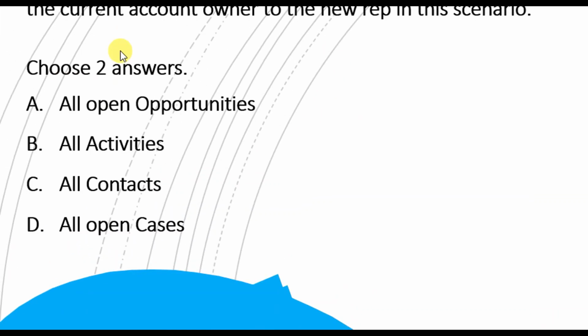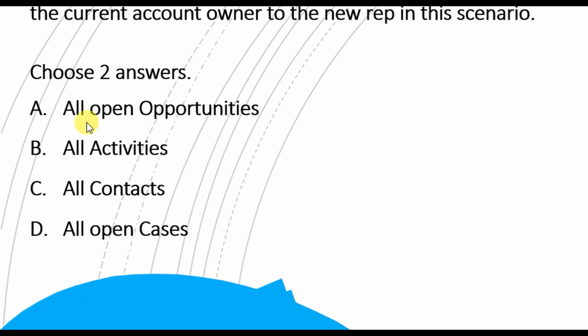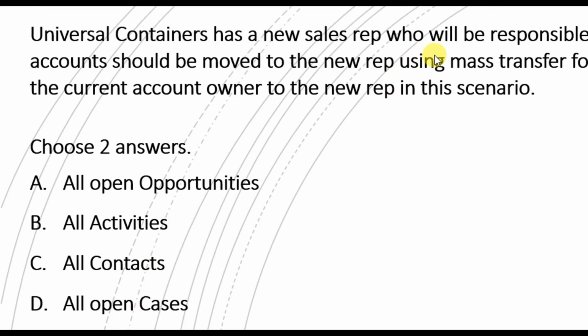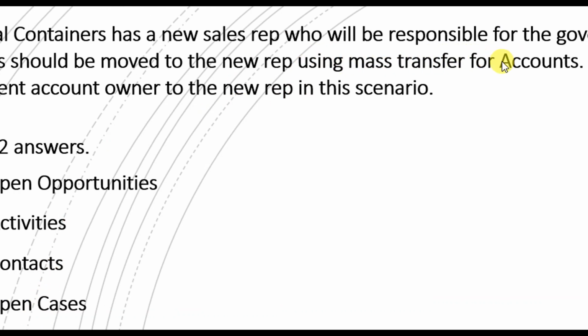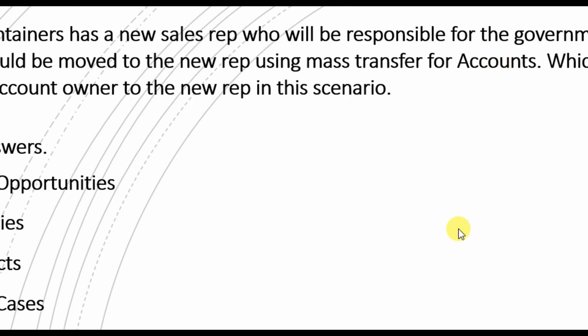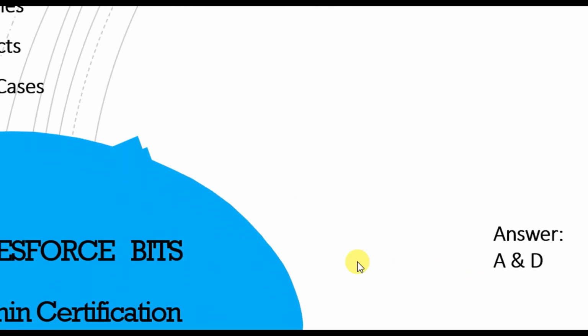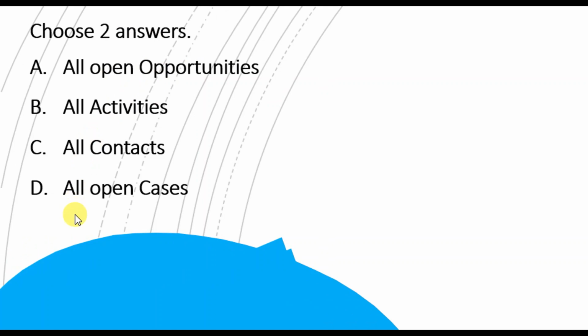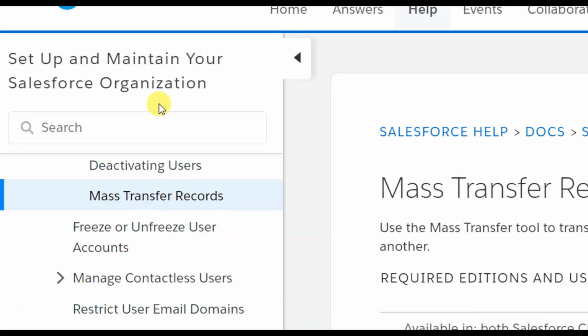Okay, we have to choose two answers, and the options are all open opportunities, all activities, contacts, or open cases. And this will be using the mass transfer of the accounts. So the correct answer would be A and D, which is all open opportunities and all open cases. You cannot transfer the activities and the contacts. Why? Let's check this out.